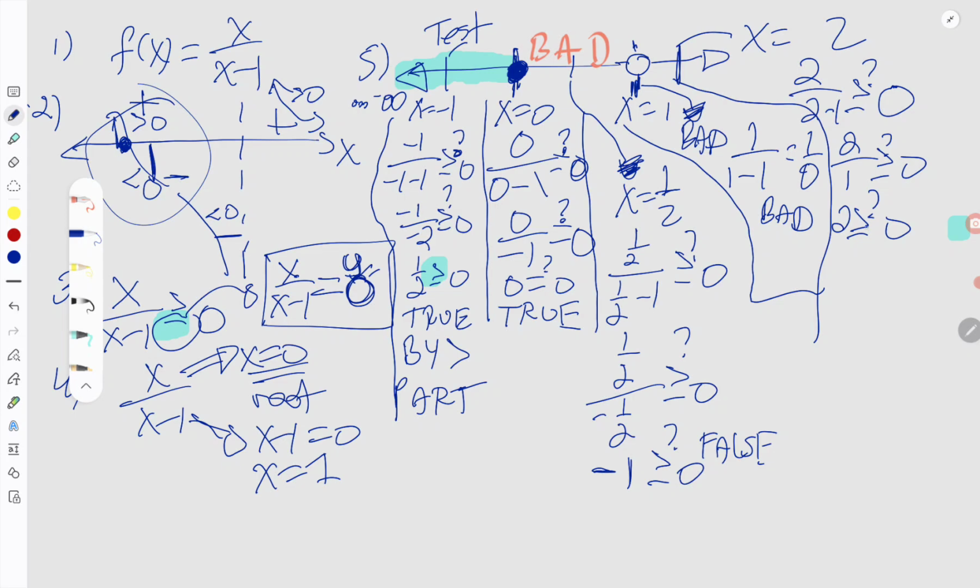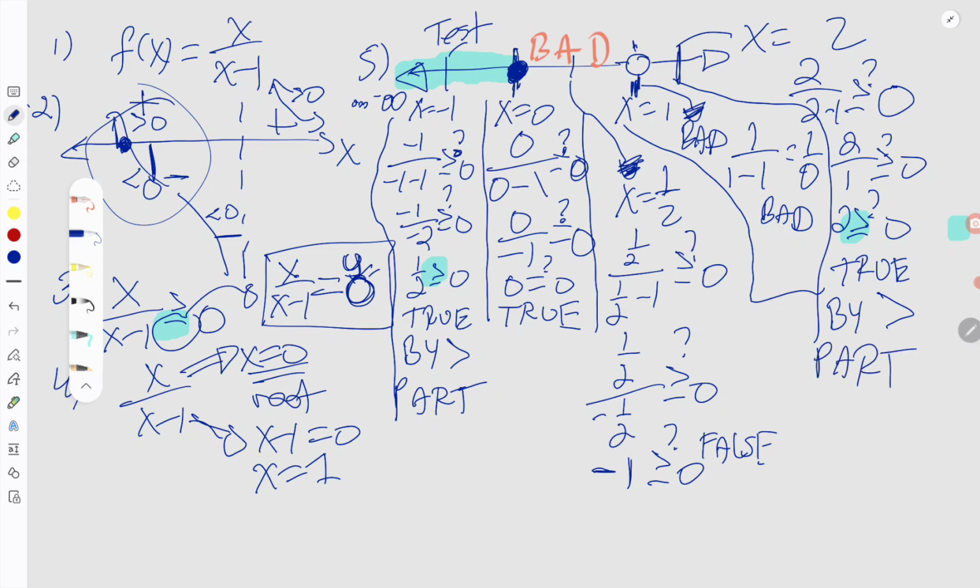Again, this is true. It's true by the greater than part of the greater than or equal to, correct?